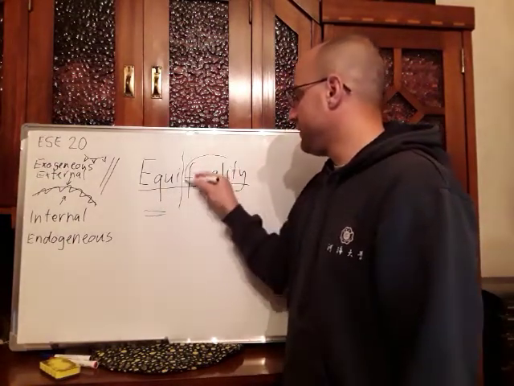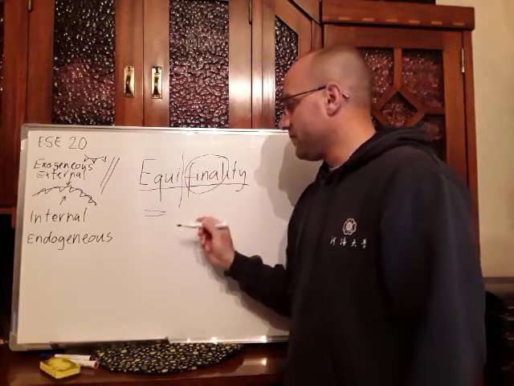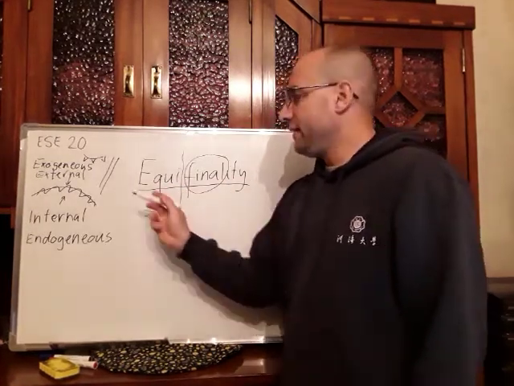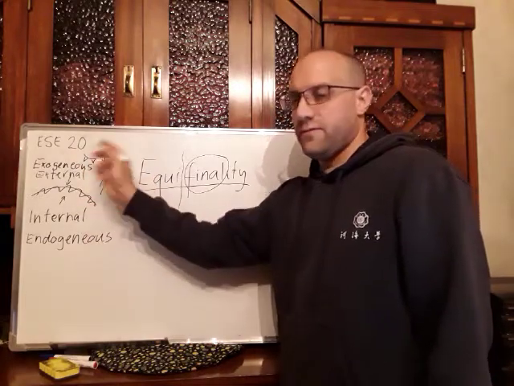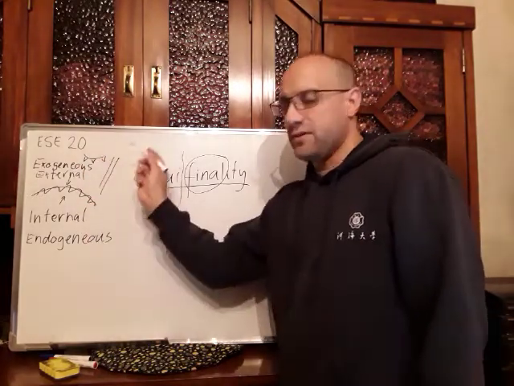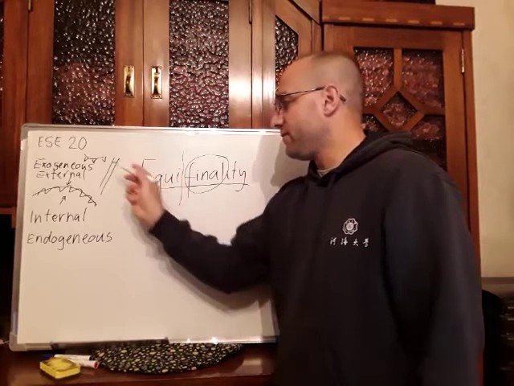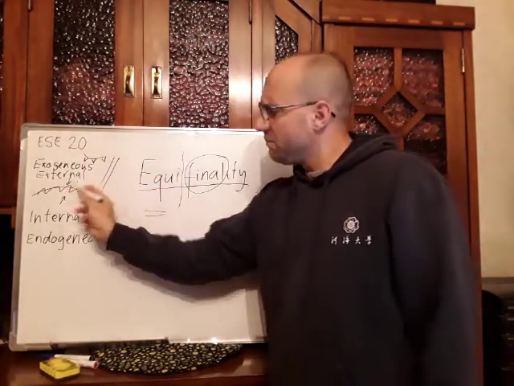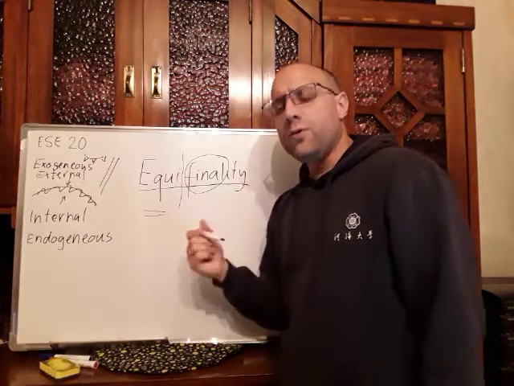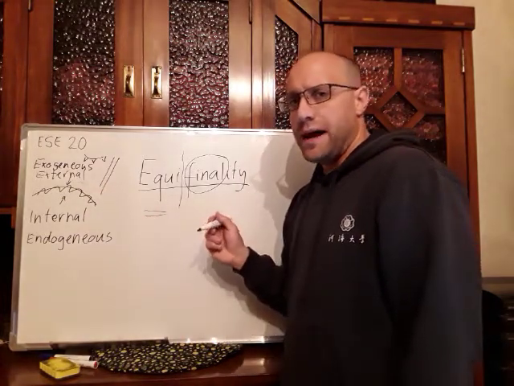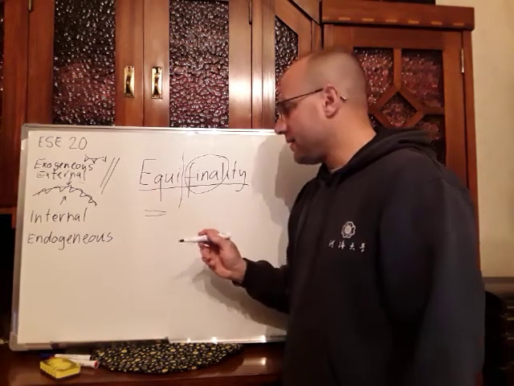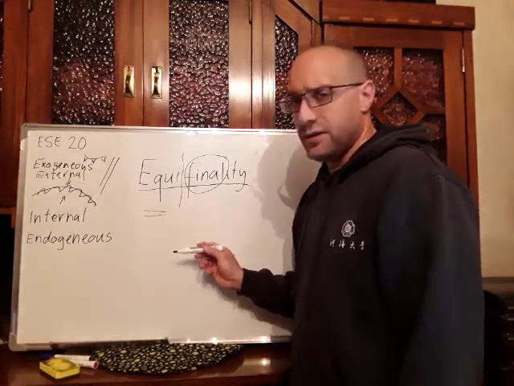So finality, that's how we can remember this word. Equifinality will mean that there are different kinds of forces or factors shaping the surface of the planet. But actually, when we just look at how the surface looks, we won't be sure about what made those specific landforms look the way they do.